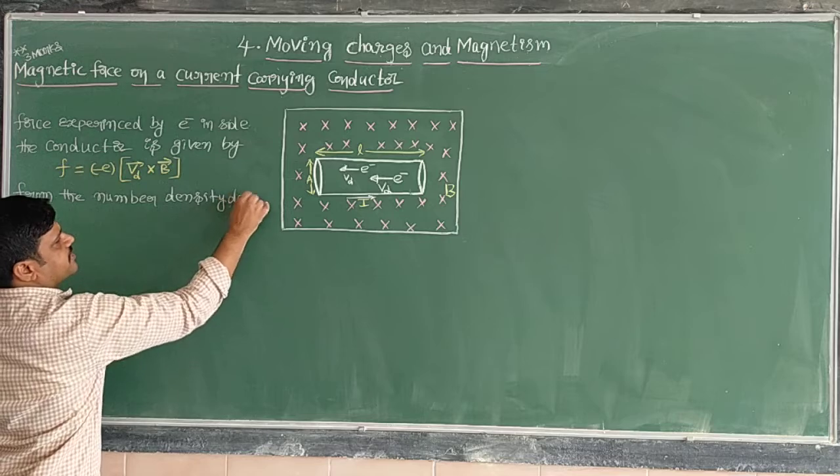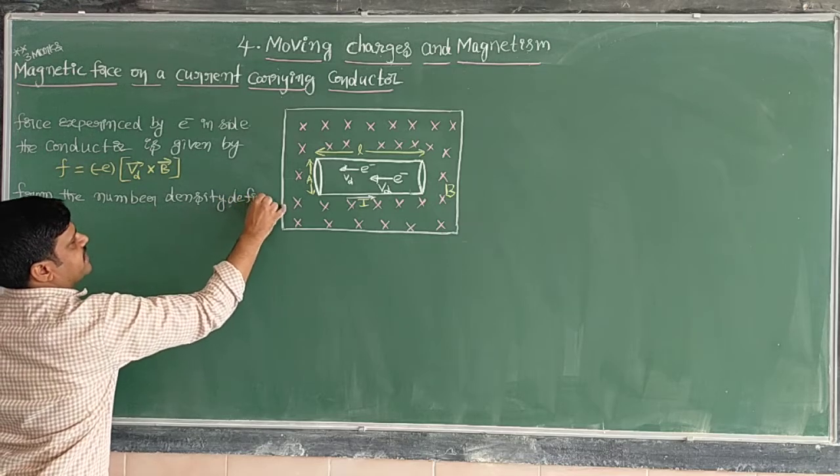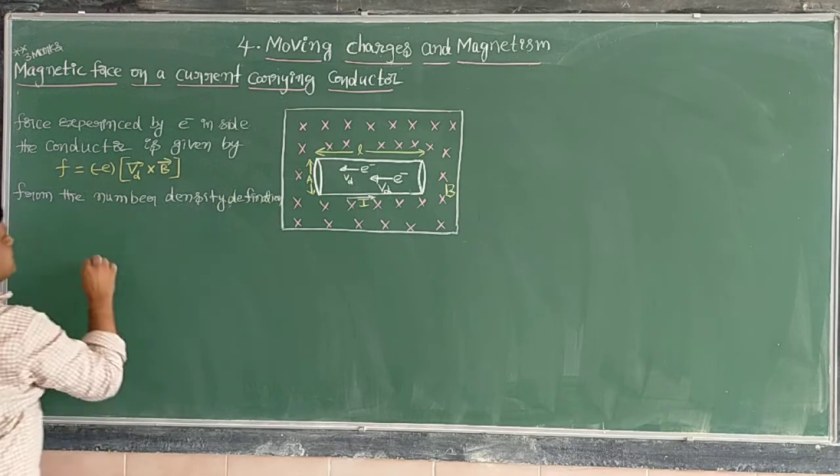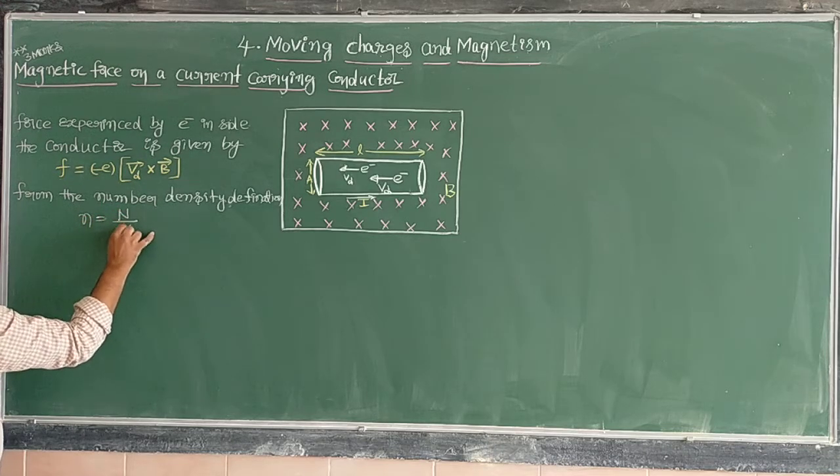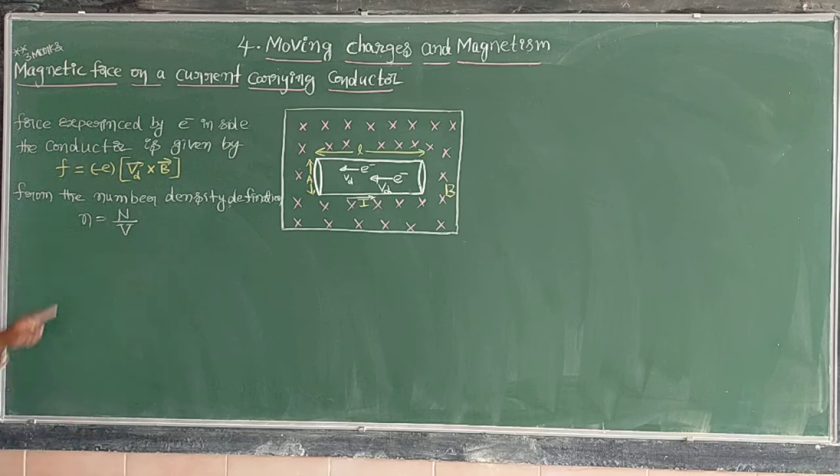What is the number density definition? Small n is equal to N divided by V, where V is the volume, and n is the number density: the total number of electrons per unit volume.